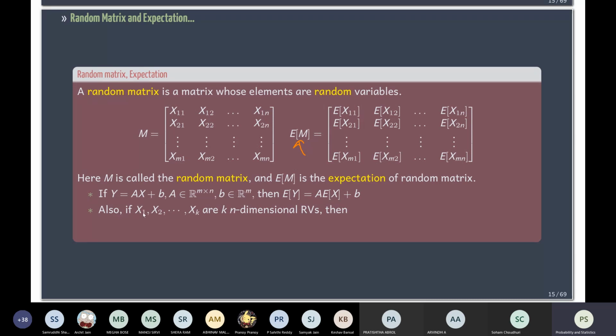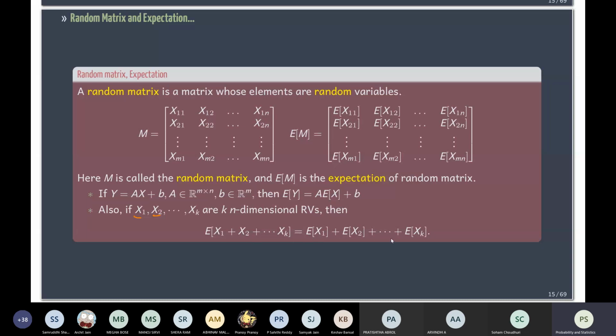Also, if x1 to xk are k random variables and each of them is n dimensional, then remember each is now a random vector, so they are n dimensional random vectors.